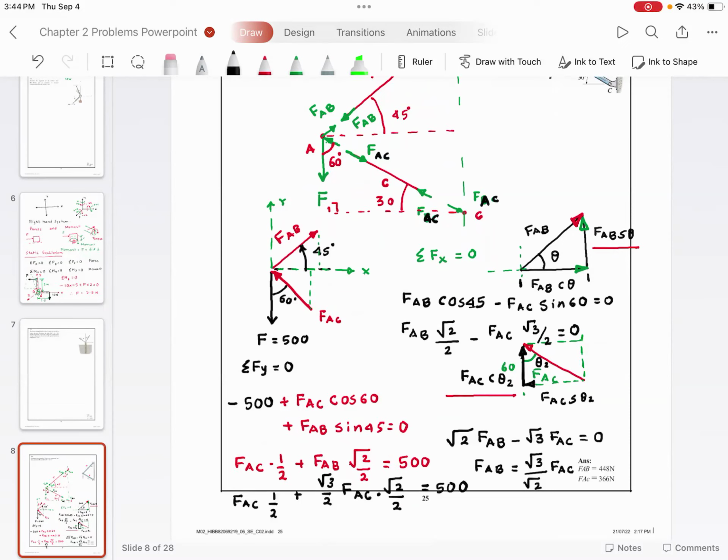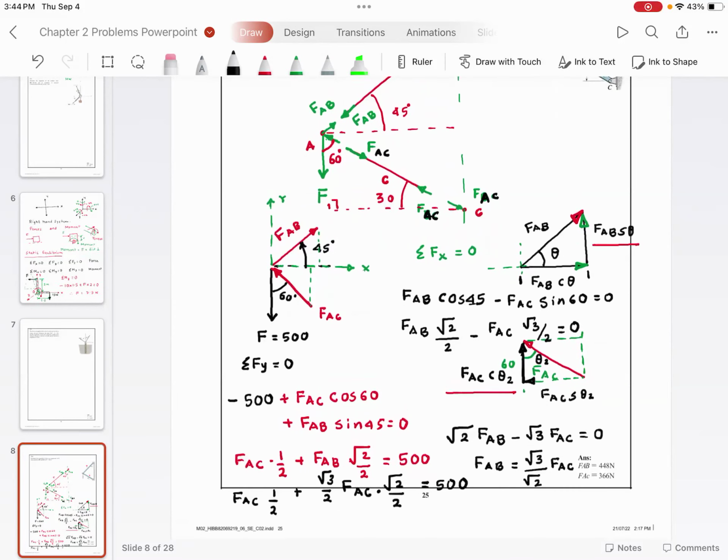You agree with me? You can solve this expression and tell me the value of FAC. Once you know FAC, you can plug this value into this expression and tell me the value of FAB. Are you with me so far?